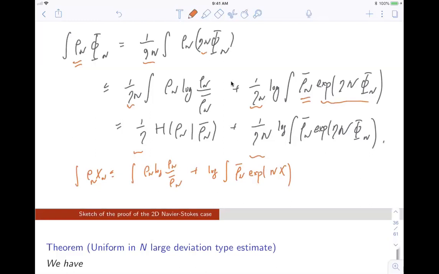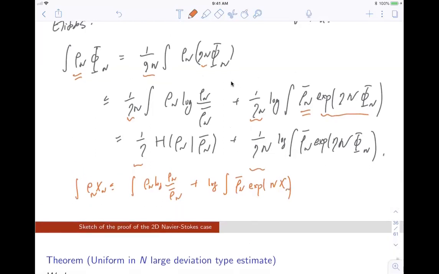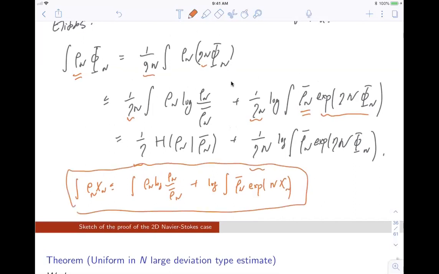Let's put the n here, and since we want to put 1 over n before the relative entropy, let it be a rescaled one, so we put some factor there. What we used is really this inequality. This is called the Gibbs inequality.